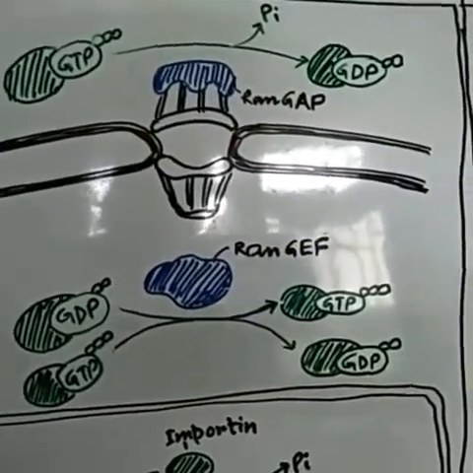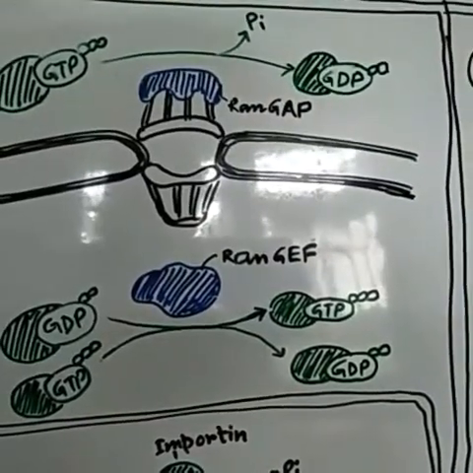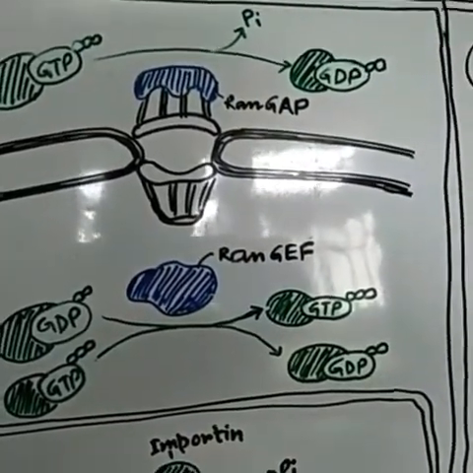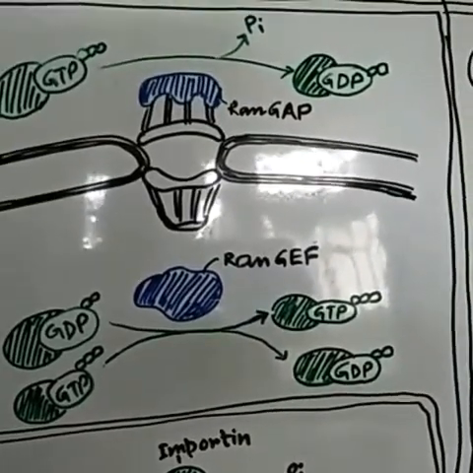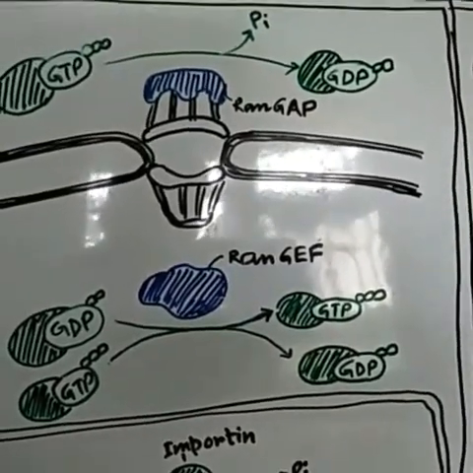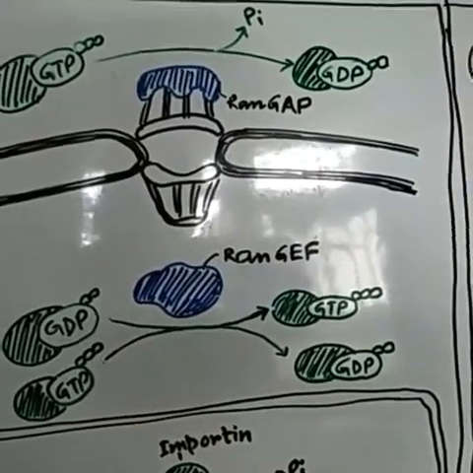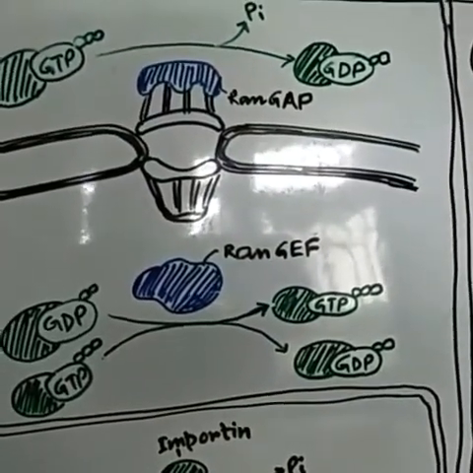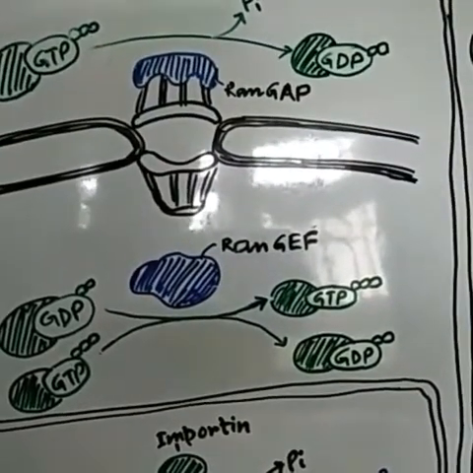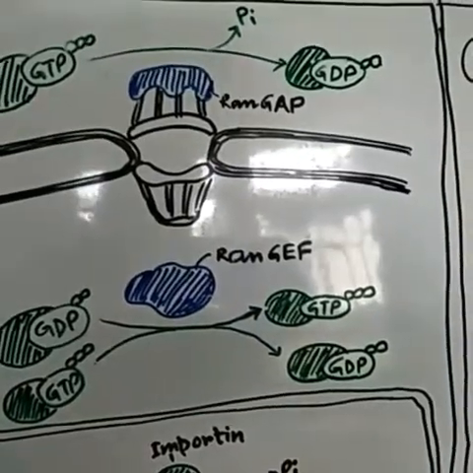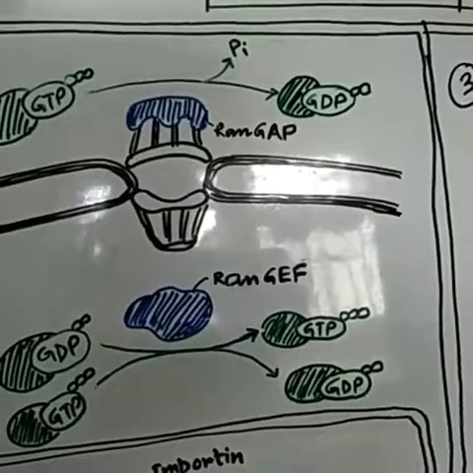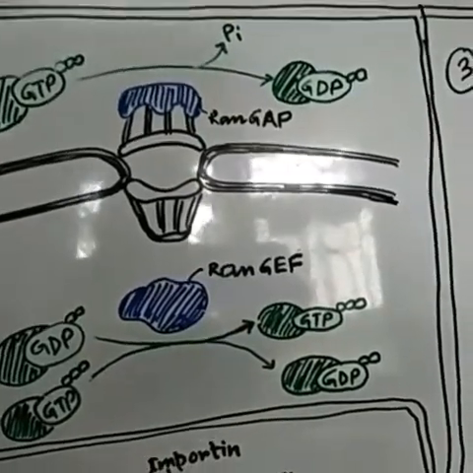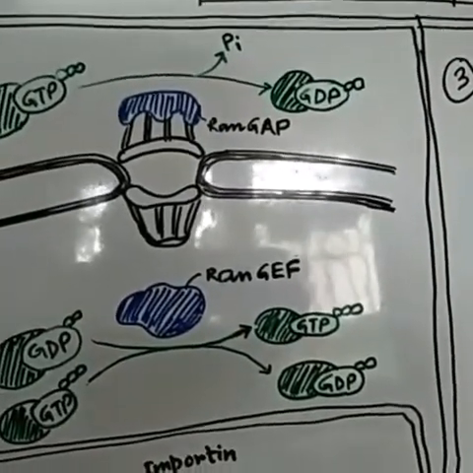Firstly, picture number 1 shows GTP, which is bound with several proteins, and GTP is hydrolyzed into GDP, and in this hydrolysis a Ran GTPase-activating protein helps in this kind of transformation, GTP to GDP.